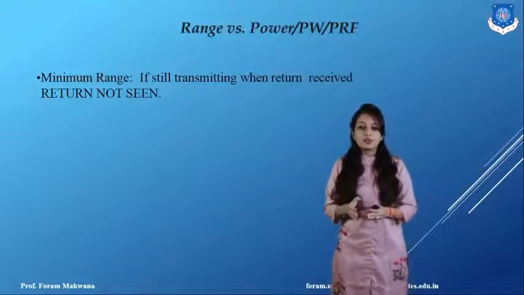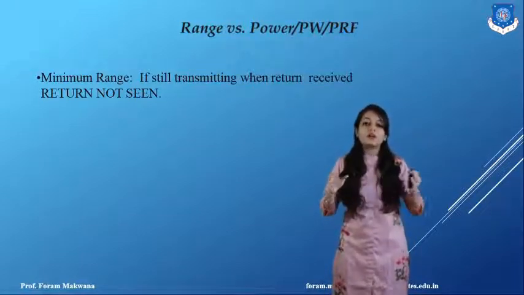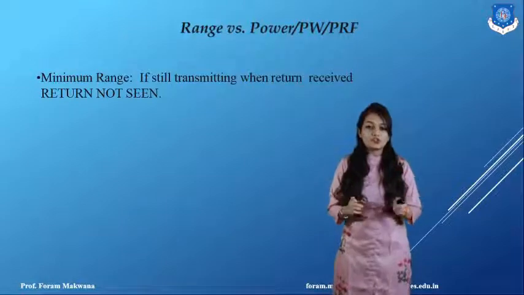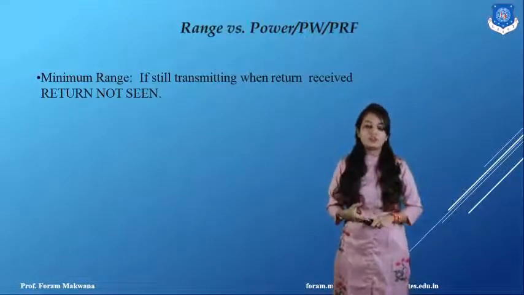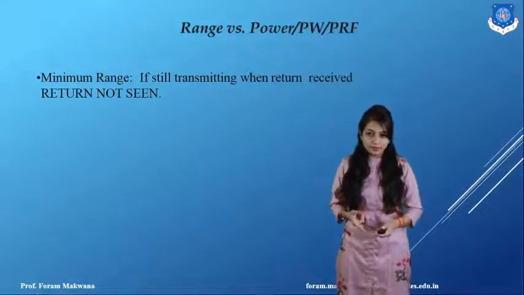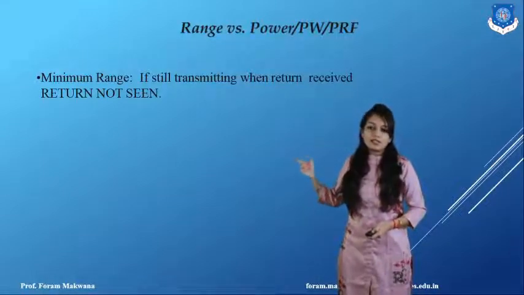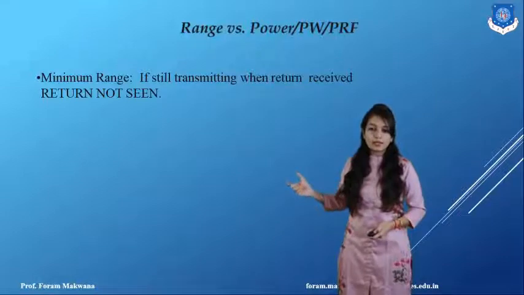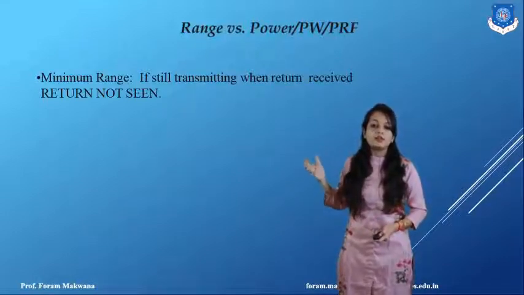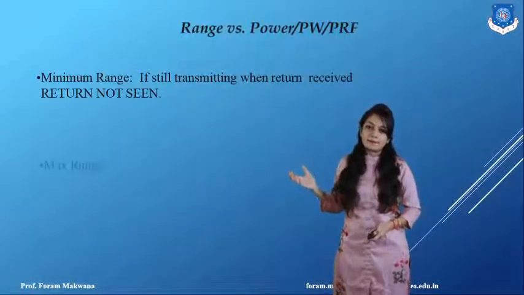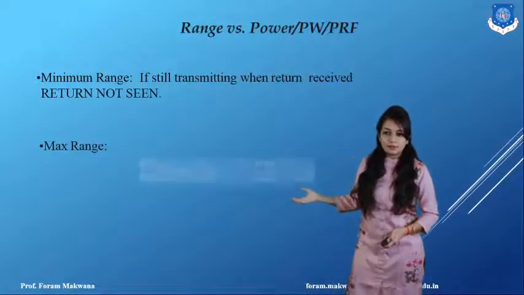We receive the echo signal only when the target is in the range of the radar, and we know that range is measured in kilometers. A target must be in the range of the radar so that the radar is able to detect it.